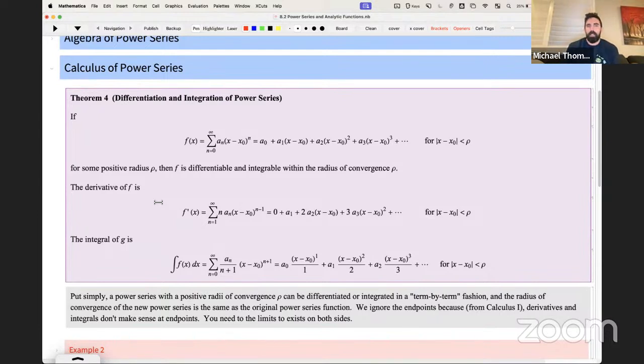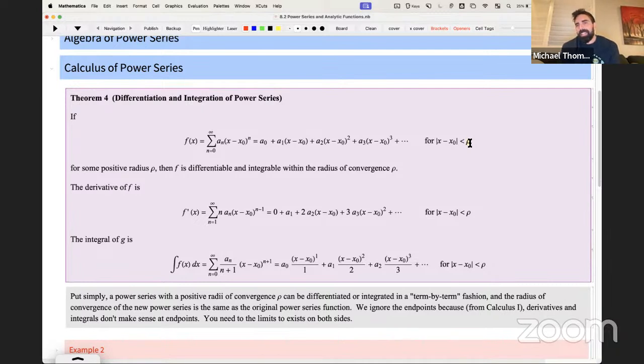All right, and the calculus. This is interesting and actually quite fortunate, because let's say that you have a power series for a function f. Let's say it looks like this. What this is saying is that it's convergent on an open interval about x naught with some positive radius of convergence. It might be really small, but there's some positive open interval around x naught where this converges.